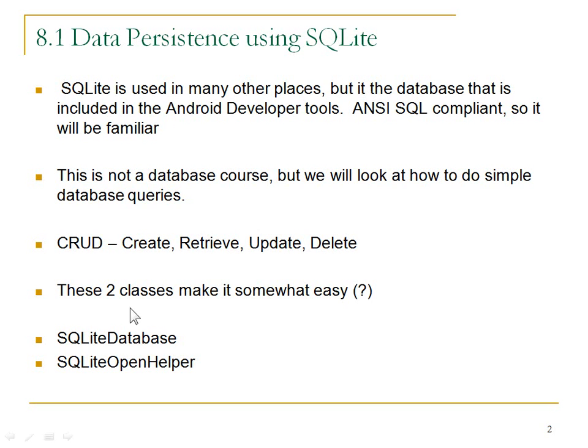There are two classes that we'll use that make it somewhat easy to interact with the database. One is called the SQLiteDatabase. That's the actual database object that we're aiming at, but we'll use the SQLiteOpenHelper class to get started with that, and it helps us get a database onto the device.